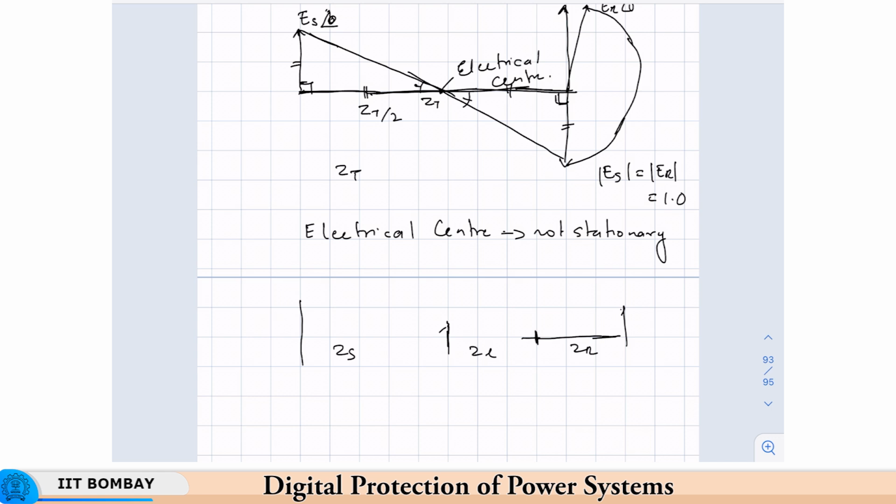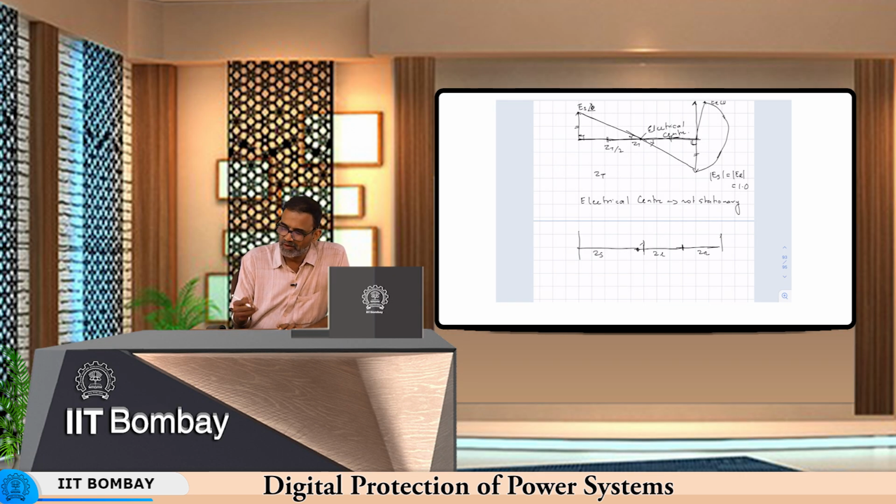the electrical center could lie somewhere here on the machine or on some other transmission line behind the relays that we are interested in. Then you would need a relay which is looking backward, and which could sense the swing. So, this condition can happen when ZS is very large when compared to ZL.